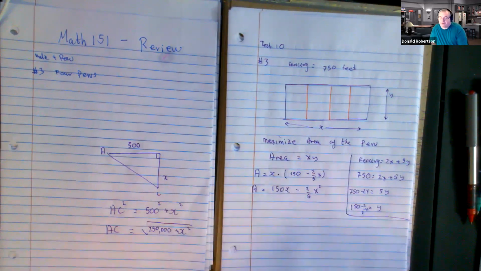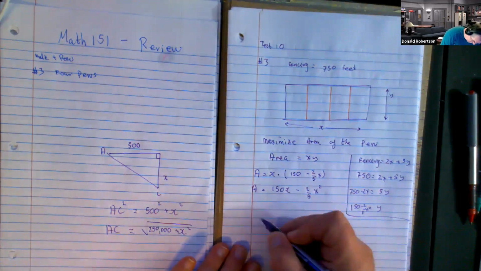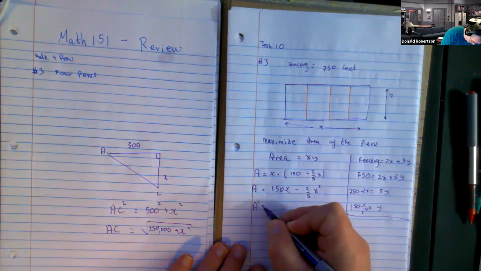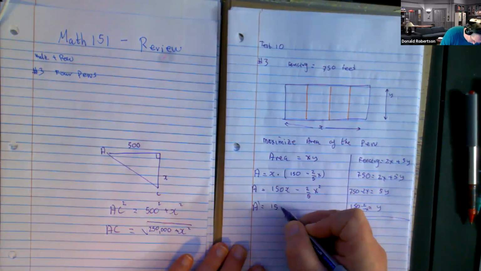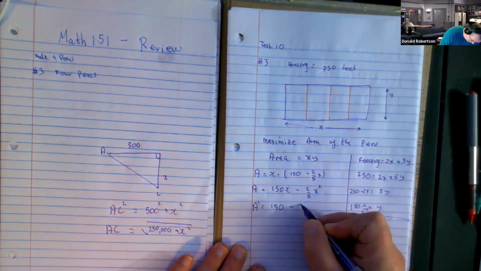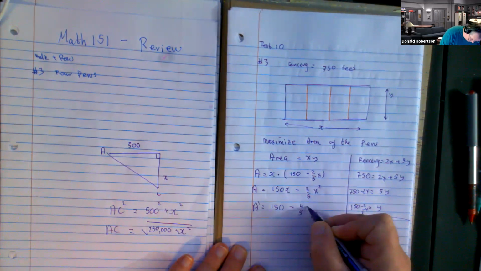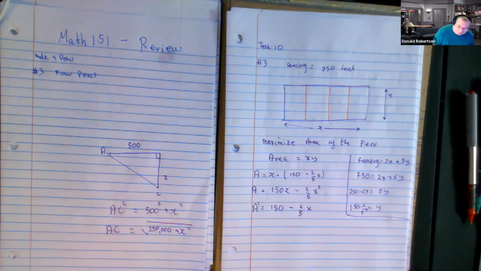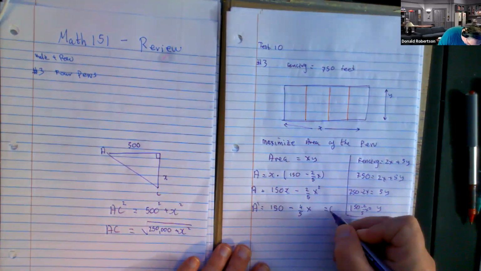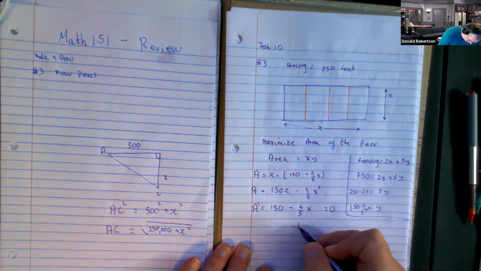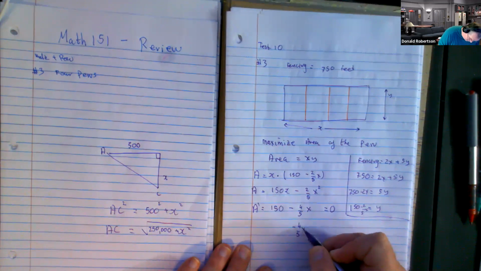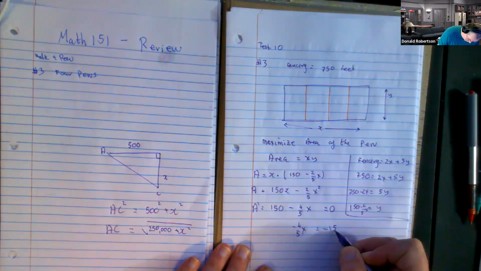There's our optimization function. All we need to do now is differentiate it and find the critical numbers. If you differentiate it, you get 150 take away 4/5 x. If you make it 0, you can solve in the usual way by subtracting 150 from both sides.